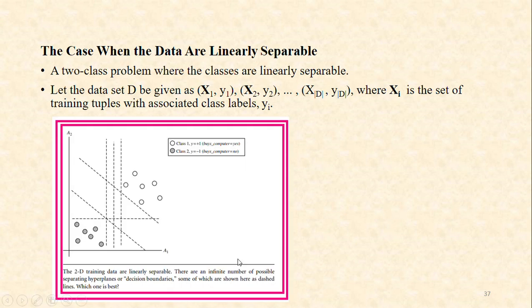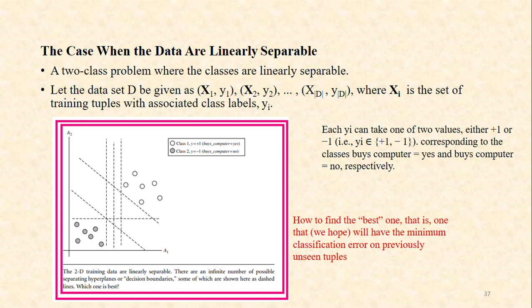Here in this figure, you can see that there are two classes, that is, yi belongs to class plus 1 or minus 1. The white circles represent the set of tuples which belong to the positive class, and the black dots represent the set of tuples which belong to the negative class.